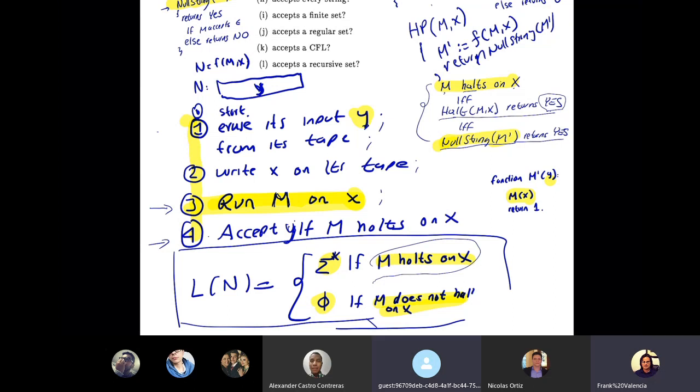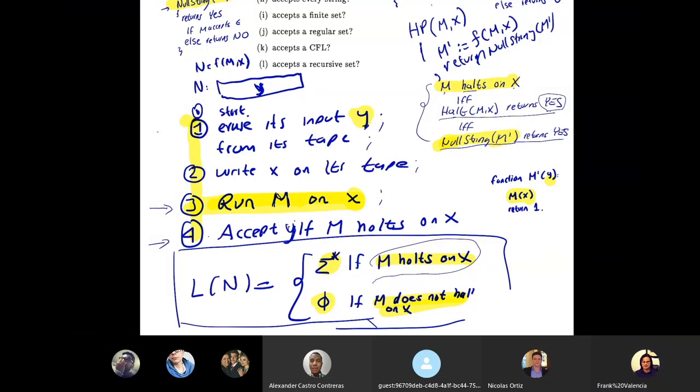Yes, a string is not accepted if it's rejected, or if the machine doesn't halt on that input. So the language will be this or this.